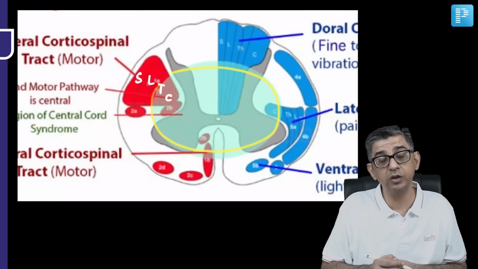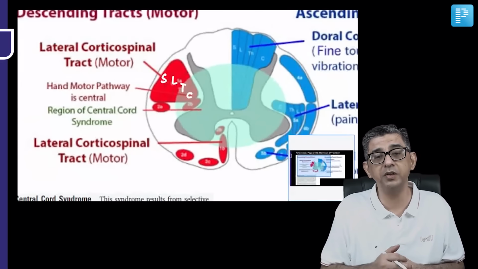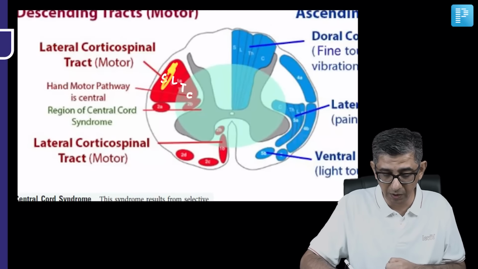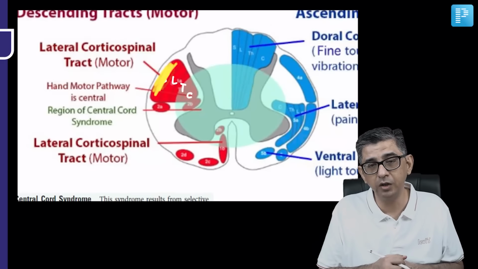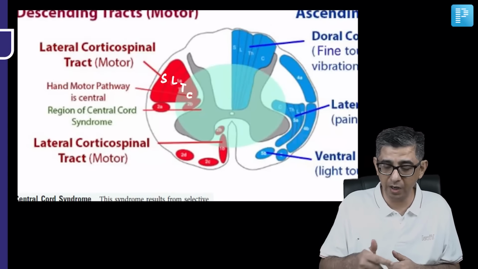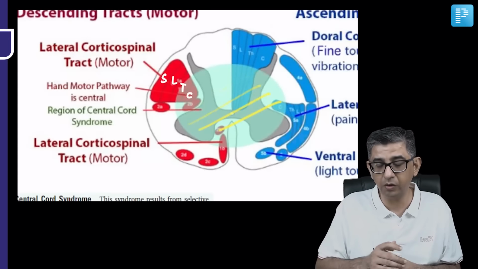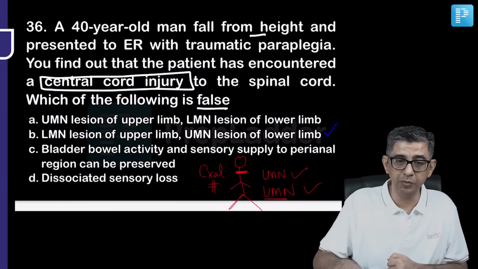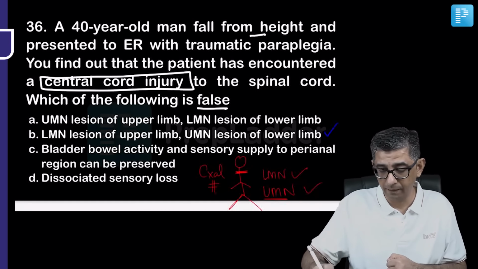And because there is sacral sparing occurring in the person, the bladder and the bowel of the patient might escape injury as well in a person having central cord syndrome per se. So option number C is a correct one.